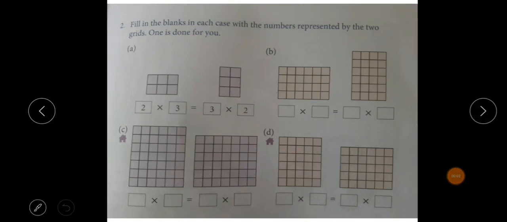And in the second example, we can say there are 4 rows and 6 columns. And it is the same as 6 rows and 4 columns. It's clear, children, and the remaining 2 you can do yourself.